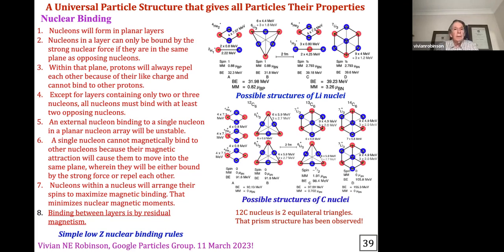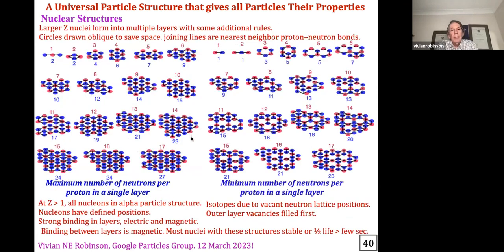Just like to quickly go through, there are a lot of higher atomic number nuclei which we need to consider as well. And under the rules of binding, these are the structures that can form in a particular layer. First thing to note, they are not circular.